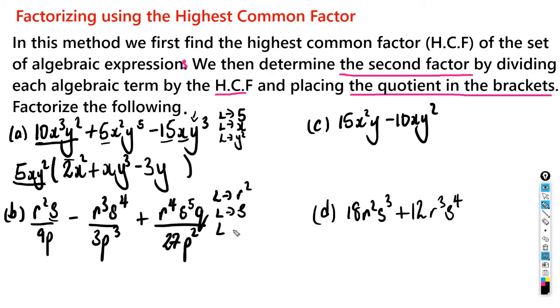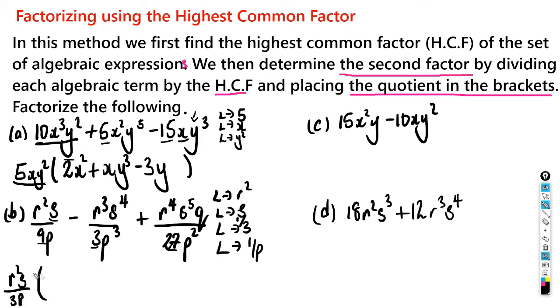For the numbers here, 9, 3, and 27, it's going to be 3. Well, it's 1 over 3, sorry about that, because it's actually a denominator. Then for p, the lowest is 1 over p. So we know that the HCF is equal to r squared s over 3p.